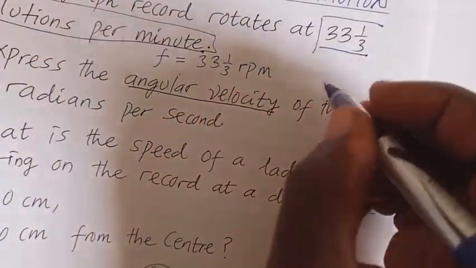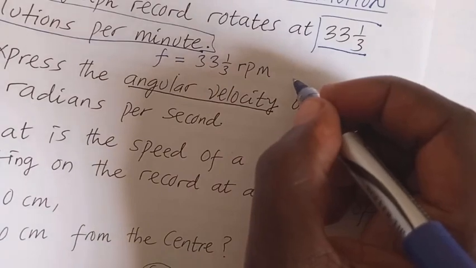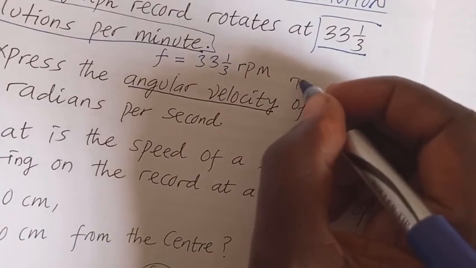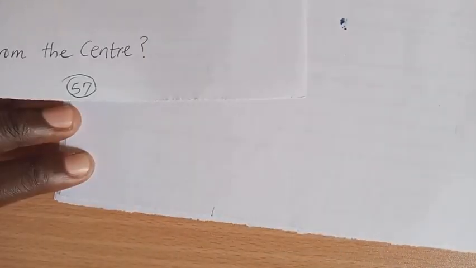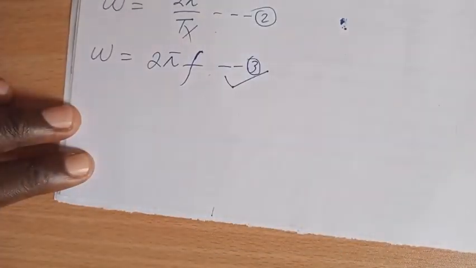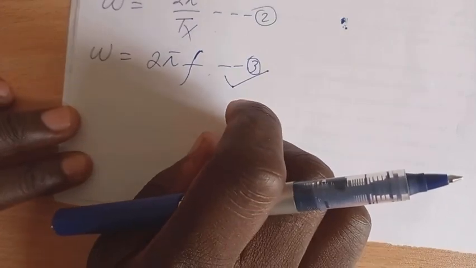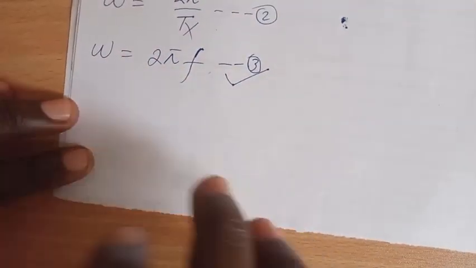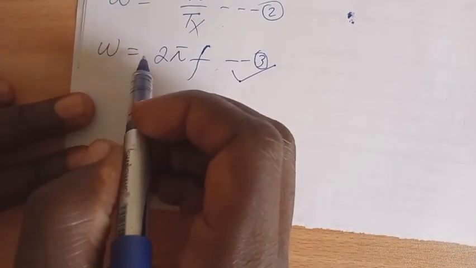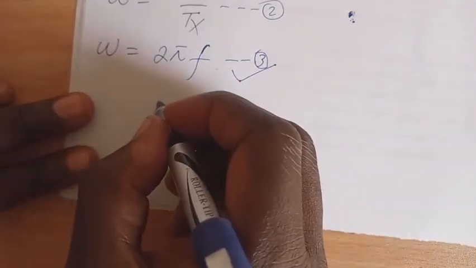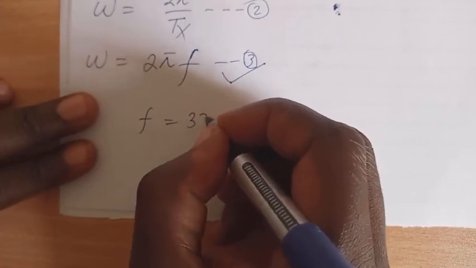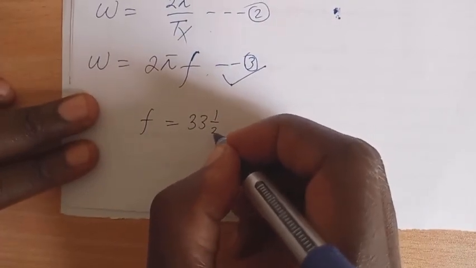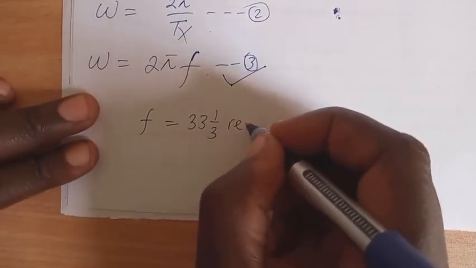The SI unit should be revolutions per second, but it's not in the SI unit. So I will convert that. But never mind. My frequency should be equal to 33 1 upon 3 revolutions.